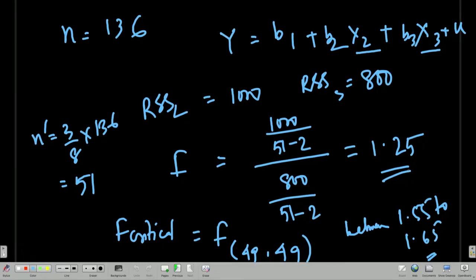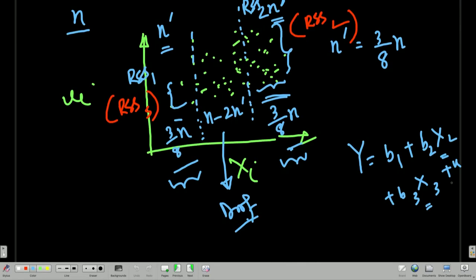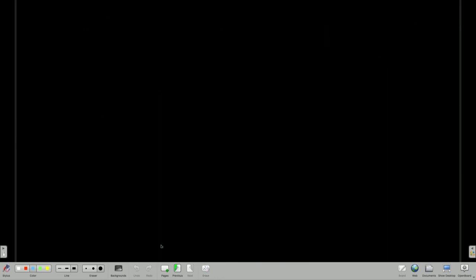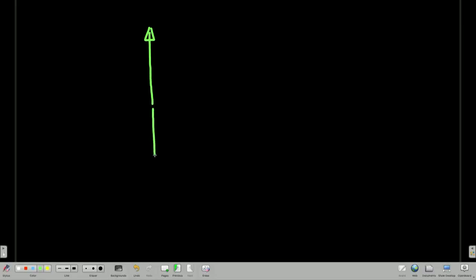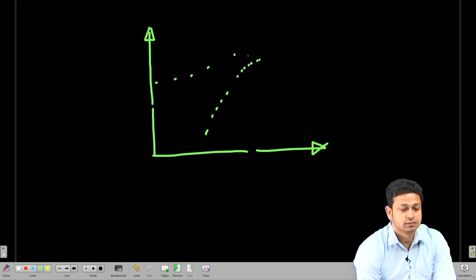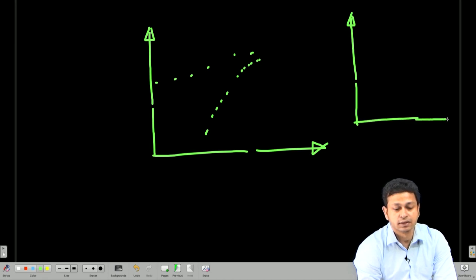All right, so there are a few more things to talk about when we talk about the Goldfeld-Quandt test. So we kind of said that the error term distribution is going to look like this, but there could be other situations also, right? You can have your error term inversely distributed with x. So let's say it looks more like this, or it could be something like this.